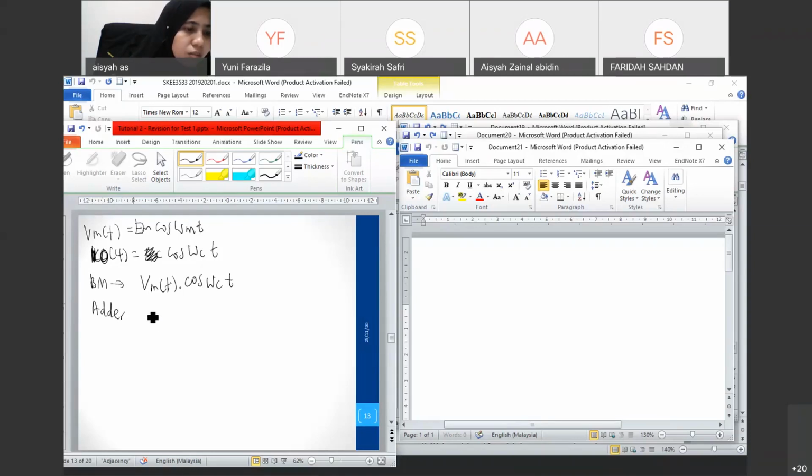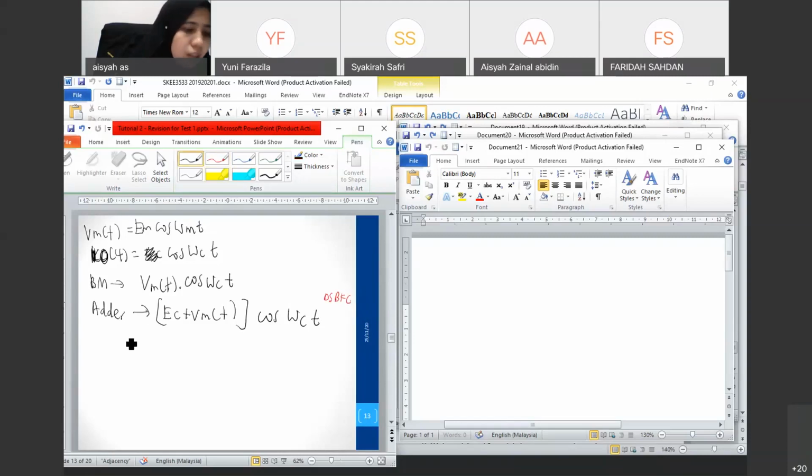After the adder it becomes EC plus VMT, cos omega CT. So this is the formula for the DSBFC.